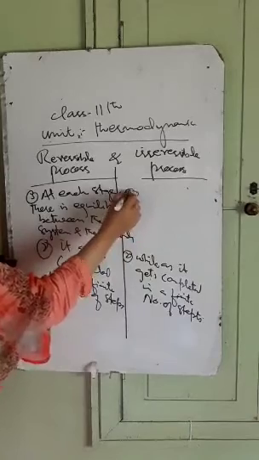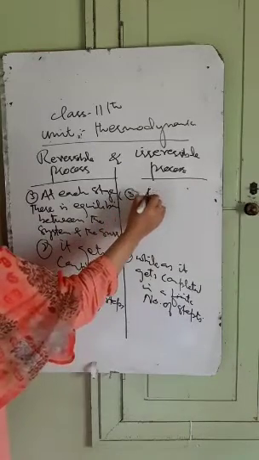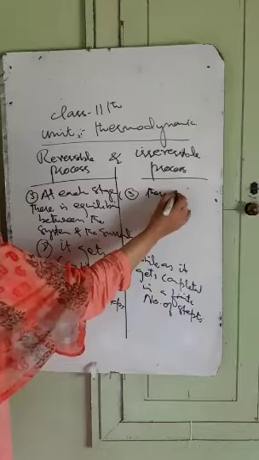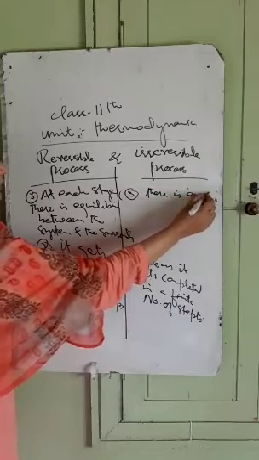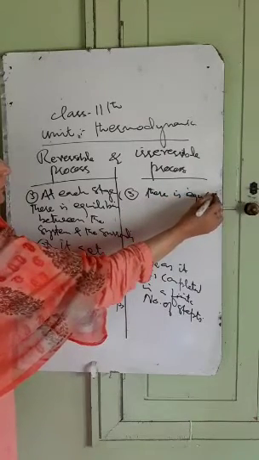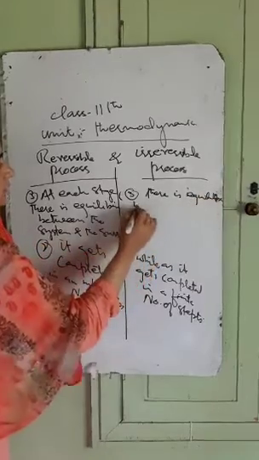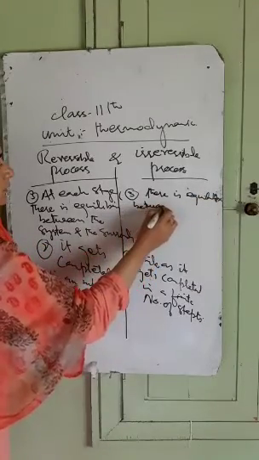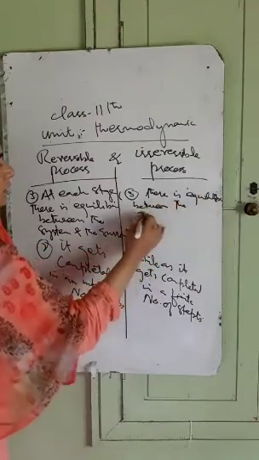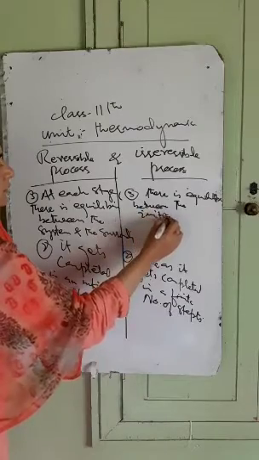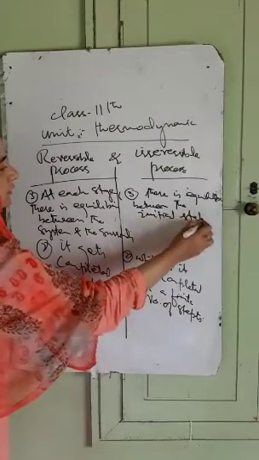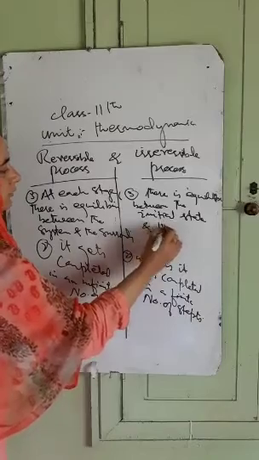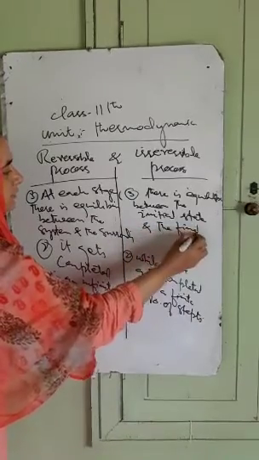Number 3rd point, in this there is equilibrium between the initial state and the final state.